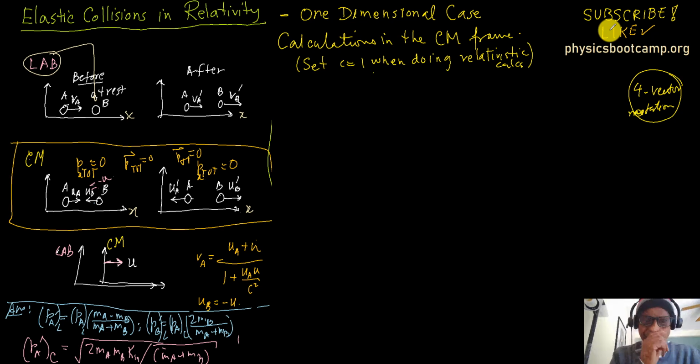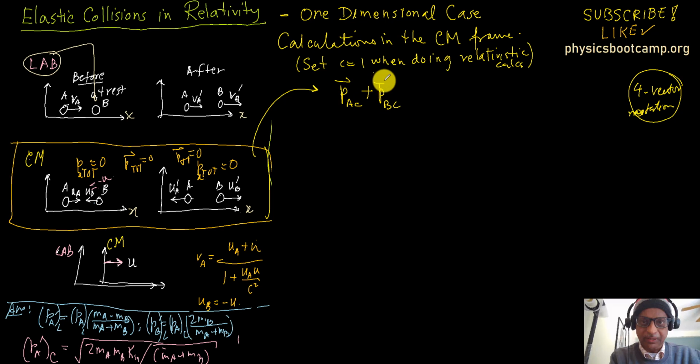So we are in this center of mass frame. First thing to notice is I'm going to do momentum conservation. So over here, PA in the center of mass vector plus PB in the center of mass vector equals 0.